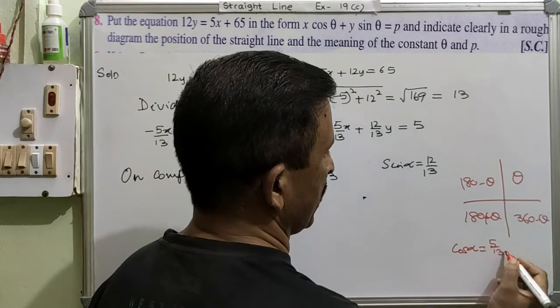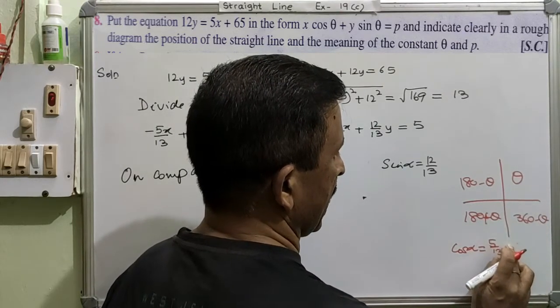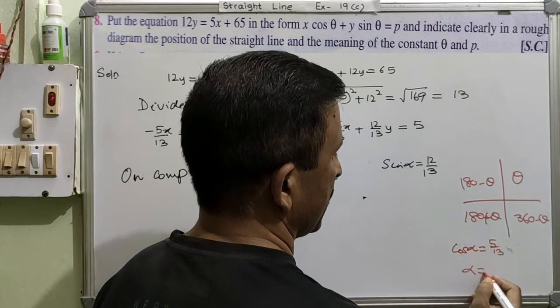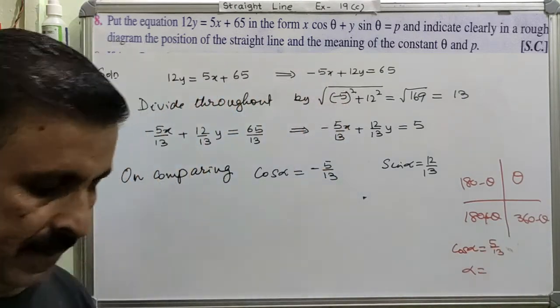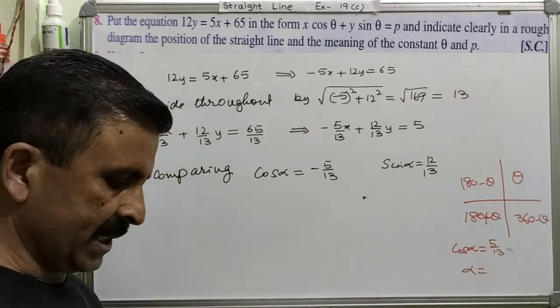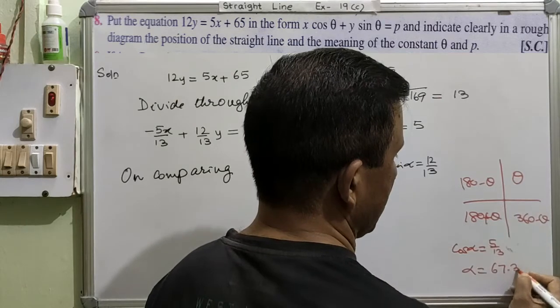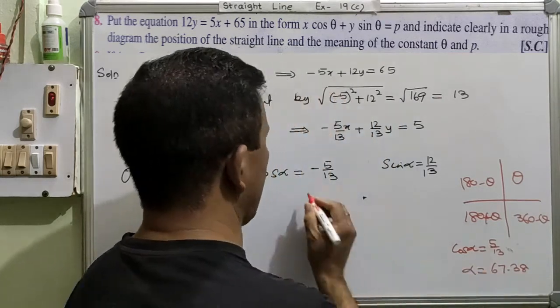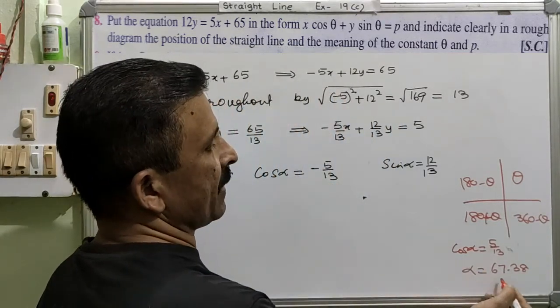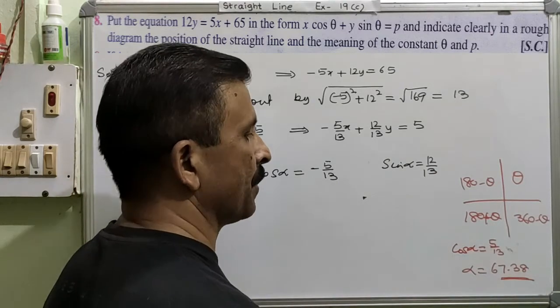And then you can calculate the value of angle alpha. So when you calculate, this angle alpha is coming as equal to 67.38. So we calculated without the sign, and the angle came to 67.38.